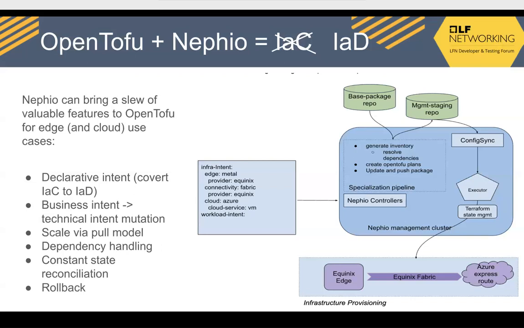There were a bunch of other Terraform plans in the workflow. So there were a lot of dependencies, and we know that Nephio can handle the dependencies very elegantly because it separates the dependency by the controllers. And of course, the other features which Nephio can bring in are constant state reconciliation using the Git model, and rollback, etc.